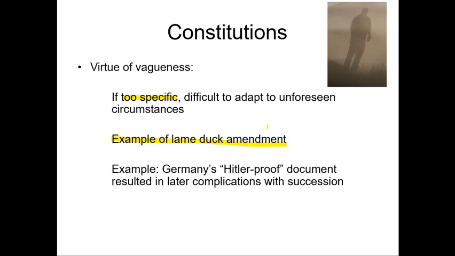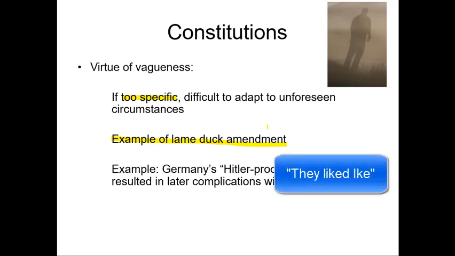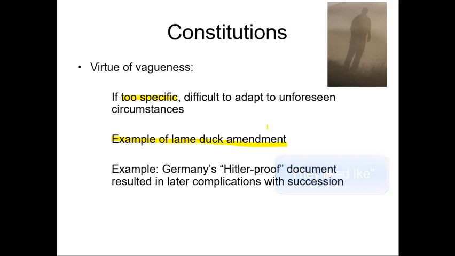So they locked that in, but not even a decade or so later, Dwight Eisenhower was a very popular Republican president who could potentially have run for a 3rd term, and the Republicans probably would have liked that, yet they were locked in by this lame duck amendment, which says a president can't run for a 3rd consecutive term. So that's an example of how, by being specific, you could perhaps shoot yourself in the foot later on.